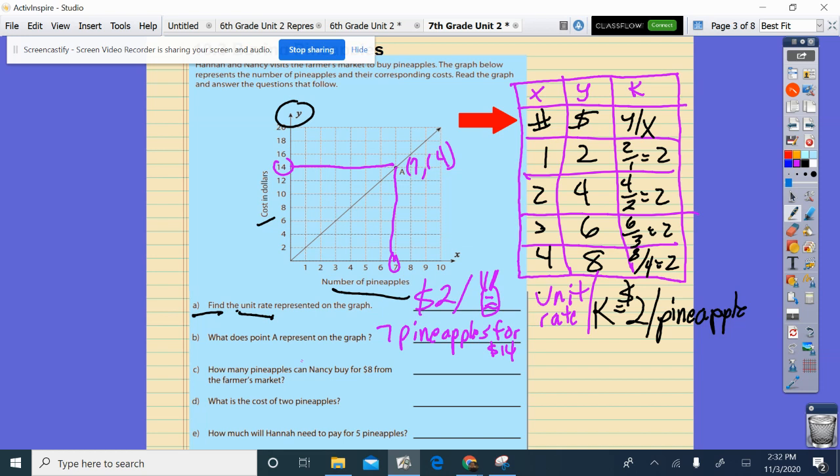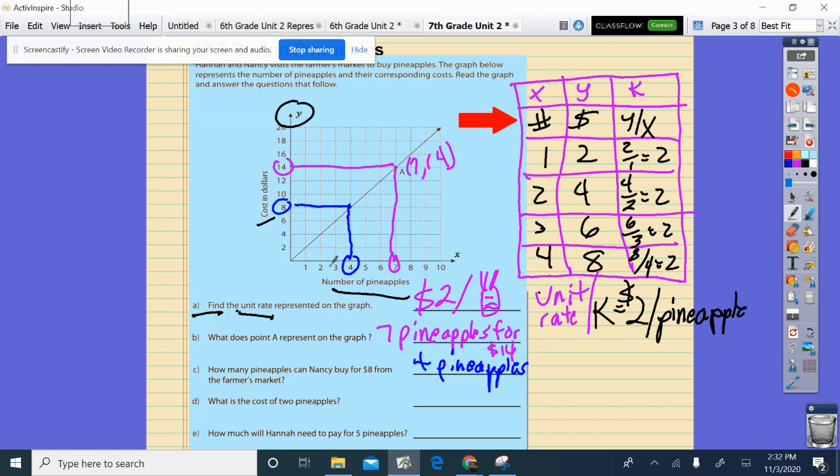Here I'm just going to go over to $8 and follow that to the line. Where it intersects the line, I come straight down, and that's 4. So she can buy 4 pineapples. And notice I use the words, I don't just put the number 4, because that could be 4 puppies or 4 kitties. You never know.